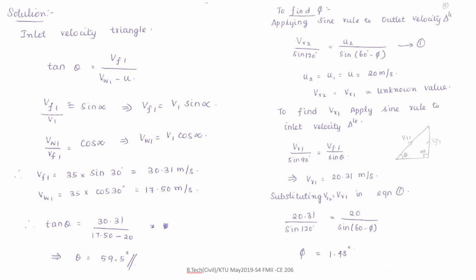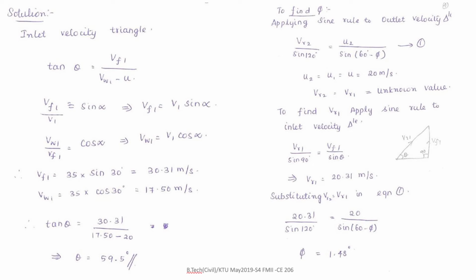How did we get that 120 degrees? I have written beta in the diagram, in the outlet velocity triangle. Beta is nothing but the 60 degrees given in the problem. So 180 degrees minus 60 degrees gives you 120 degrees.